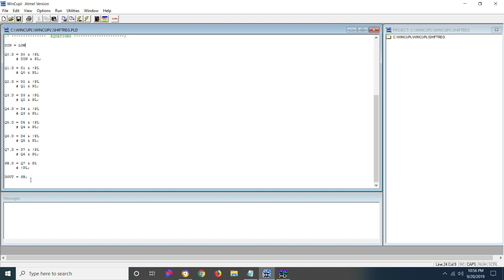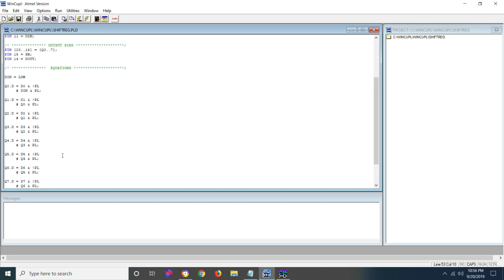The only time that it should ever have a high state is if we are shifting a high bit into the data out from the start bit. Does that make sense? I hope so. So that's the logic right there. Very simply, we have created what I think is going to be a functional shift register.